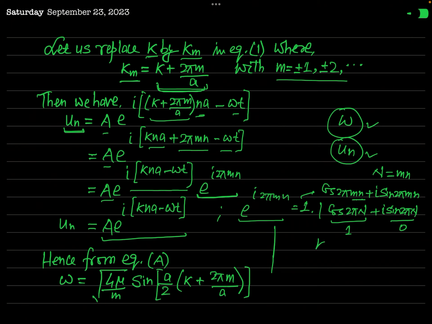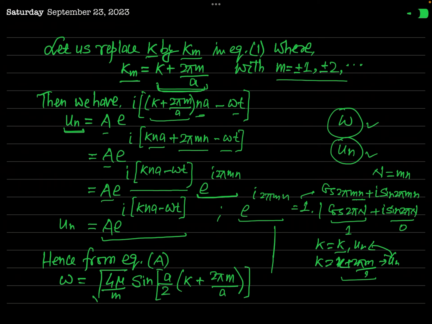So at k equal to k, un, and at k equal to k plus 2 pi m over a, in this condition the value of un, both these un are the same. So the displacement of the atom becomes the same as that when k was equal to k, and k is now k plus 2 pi m over a.